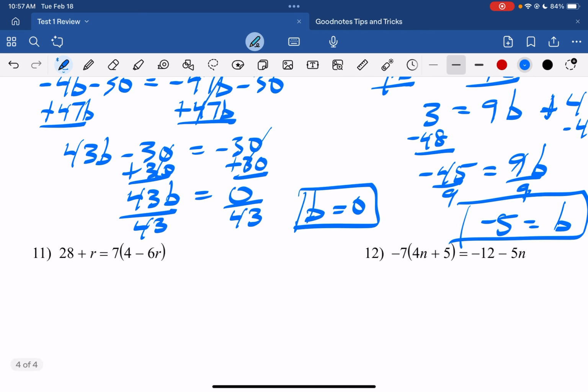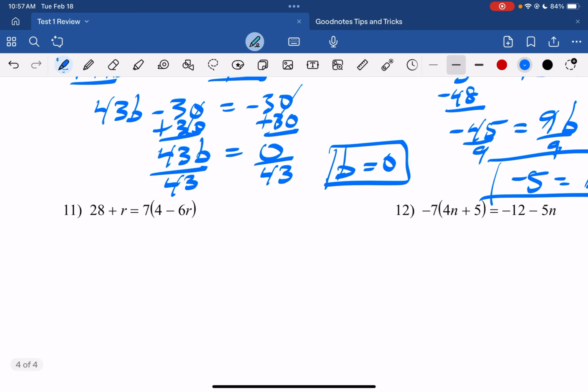Okay, almost done. Number 11, leave 28 plus r alone. Distribute the 7, so that's 28 minus 42r. Minus 42r is the smaller r. We'll get rid of that.